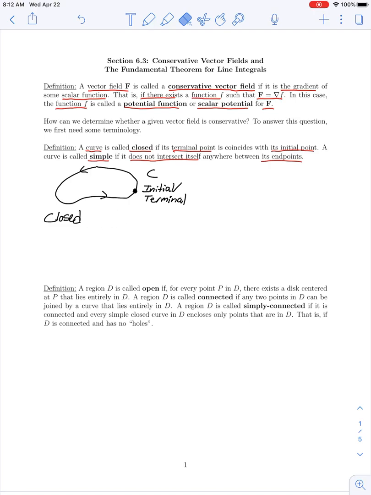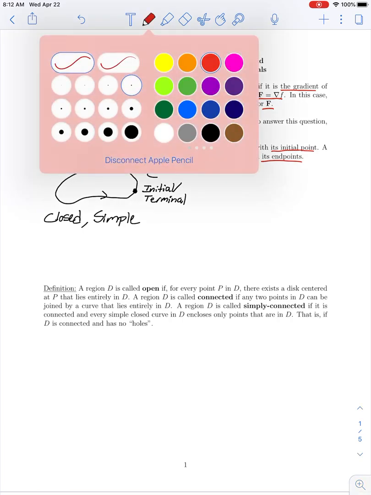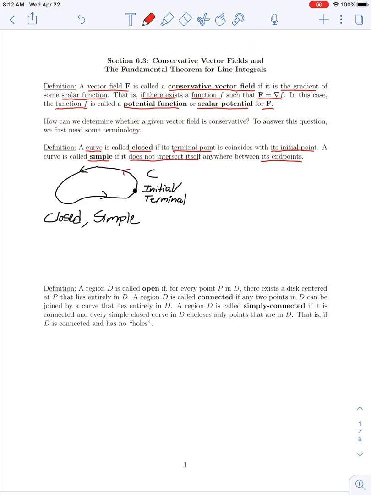And this would also be an example of a simple curve. So this is an example of a closed simple curve. It does intersect itself at the initial / terminal point, but as we traverse this curve along this direction, we see that it does not intersect itself anywhere between that initial and terminal point. So it would be considered simple in this case.